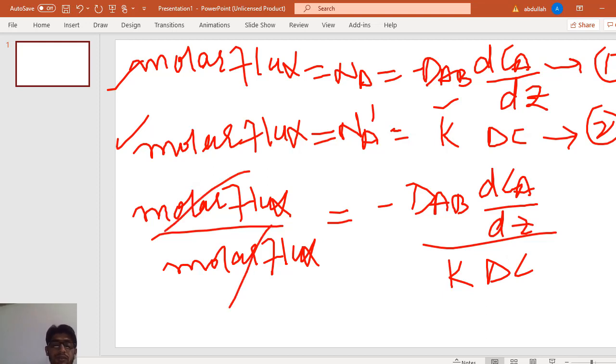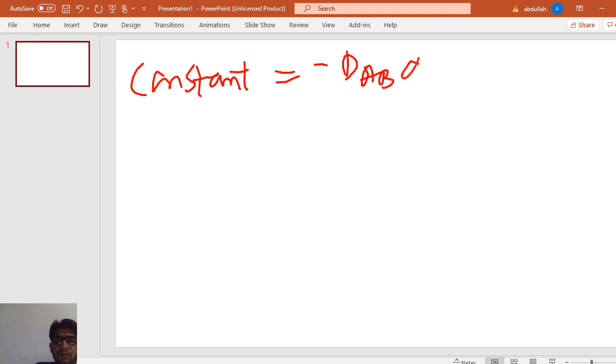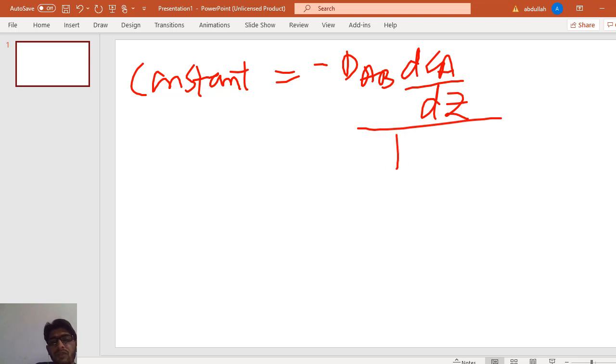We obtained this is a constant and this is also a constant, so we will get some other constant value. So constant will be equal to, in this case, constant, minus DAB dCA by dZ divided by K into change in the concentration.